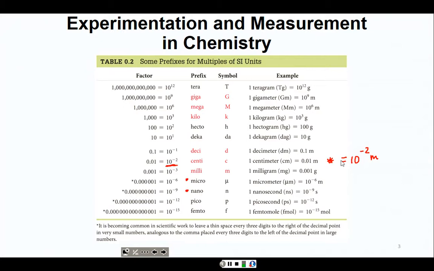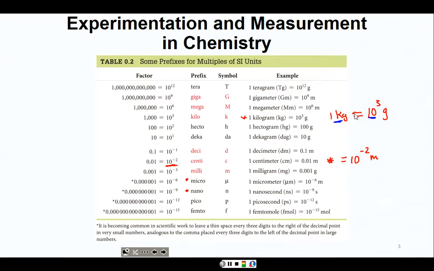Or a kilogram, let's do kilogram. A kilogram is going to be 10 to the third gram. So 1 kg equals 10 to the third gram. So wherever you can write kilo, you can substitute 10 to the third. And it helps us to understand these relationships.